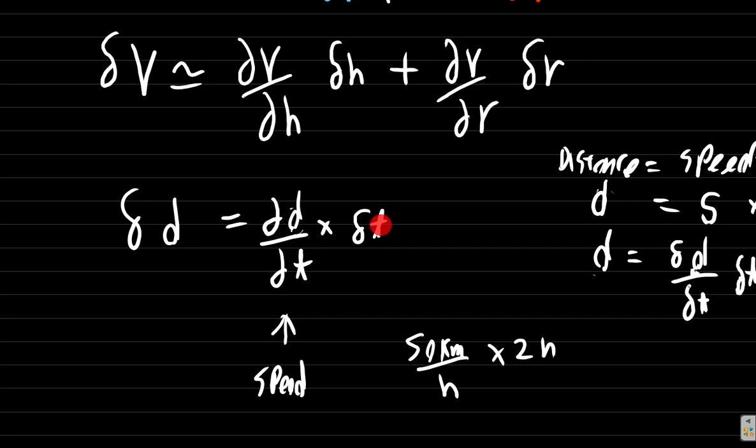You see that? Change in volume is the rate of change of volume with height times a small change in height. Change in distance equals the rate of change of distance with time multiplied by a small change in time. Alright?